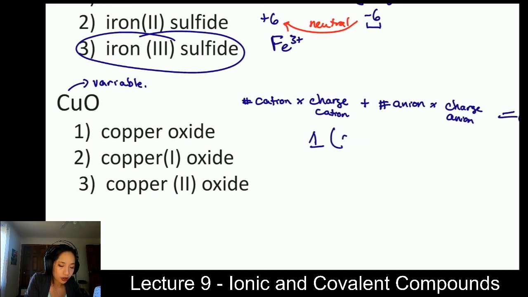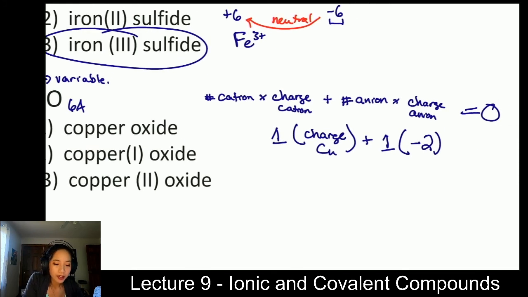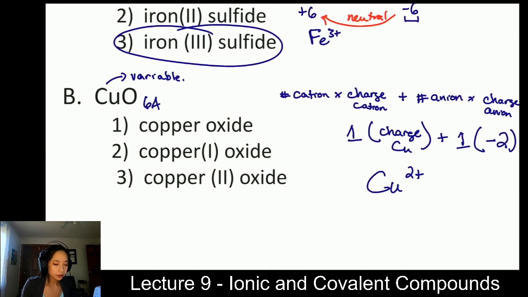I don't know the charge, so it's the charge of the copper plus the number of anions, which is 1. Charge of that anion is -2. That's oxygen, a 6A element, so it will gain 2 electrons. It's -2, has to equal 0. So that means the charge on copper has to be 2+ in order for everything to cancel out and have a neutral compound. So our answer here will be copper(II) oxide.